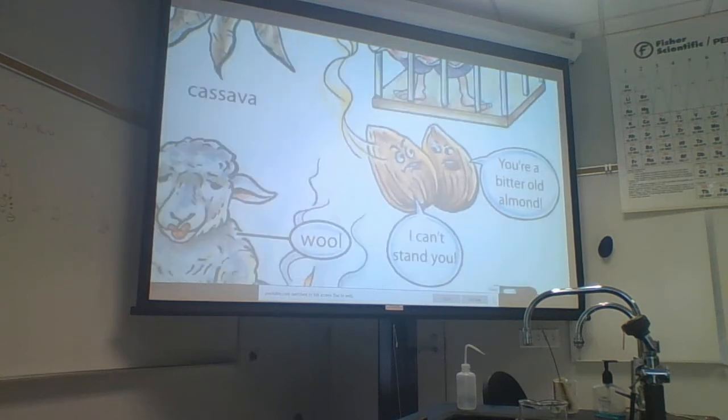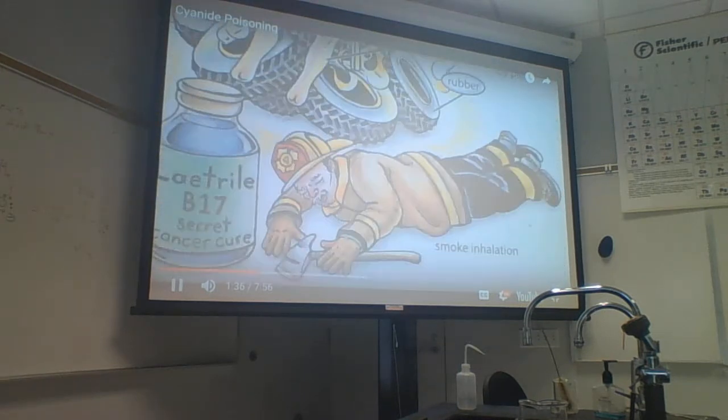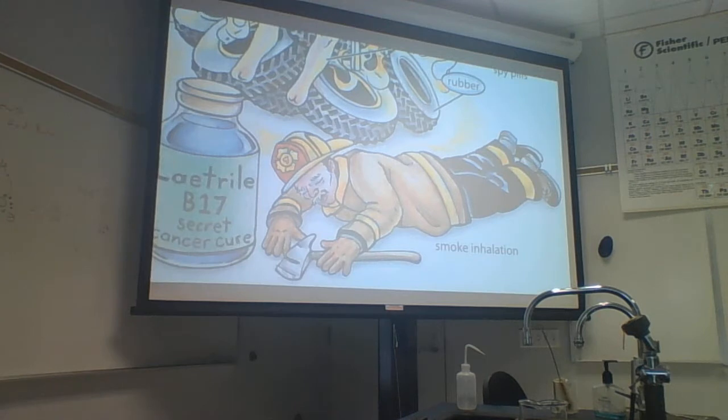Cyanide is described to have an odor of bitter almonds if one were to smell it. The classic scenario for cyanide poisoning involves a firefighter that enters a household that's on fire without wearing any protective respiratory gear.